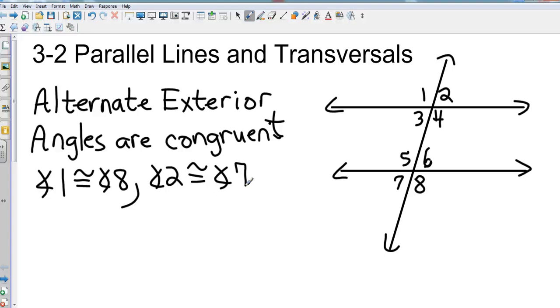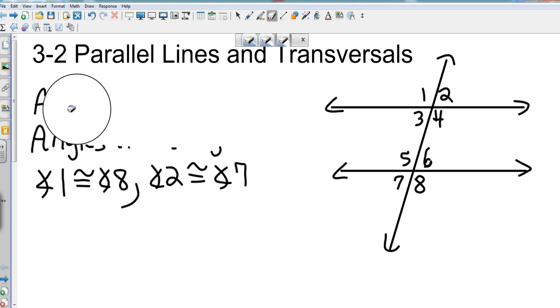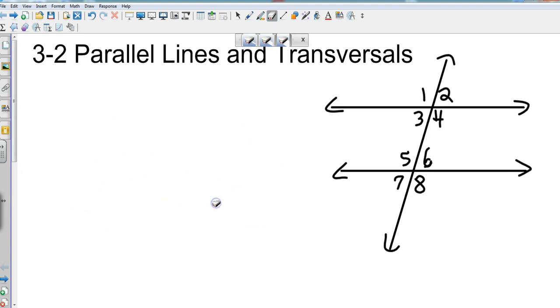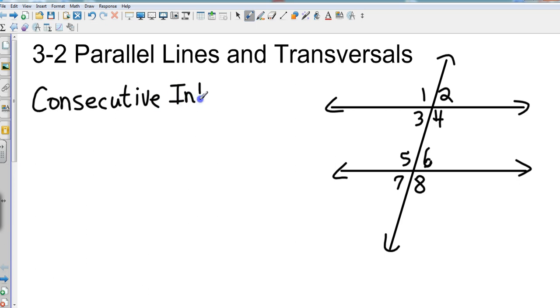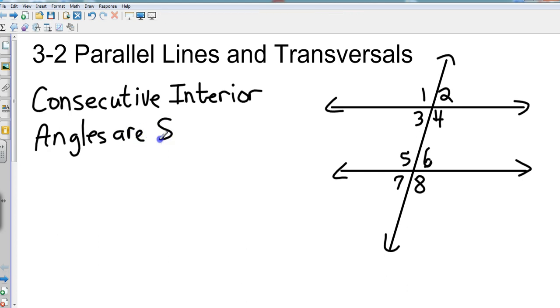And so that'll leave us with our last one, which is going to be consecutive interior. And these are the only ones that aren't congruent. So consecutive interior angles are supplementary.